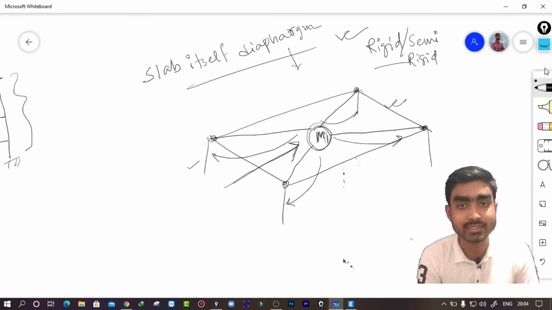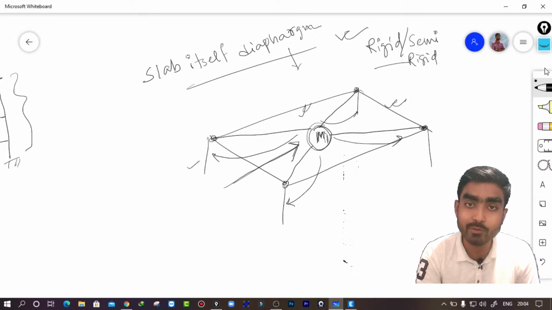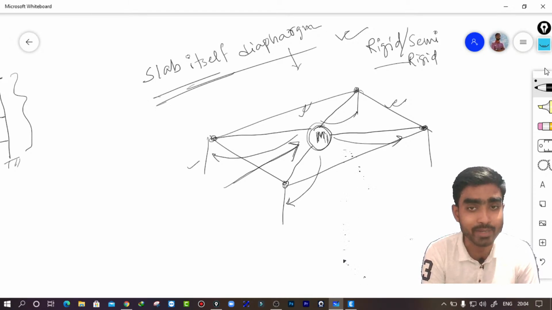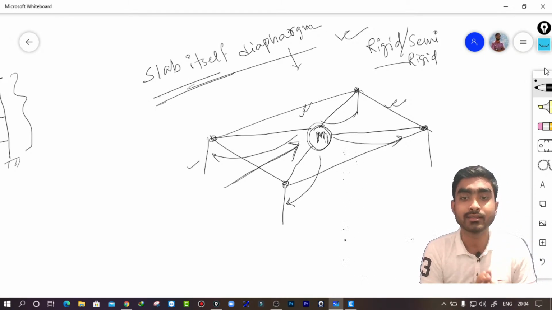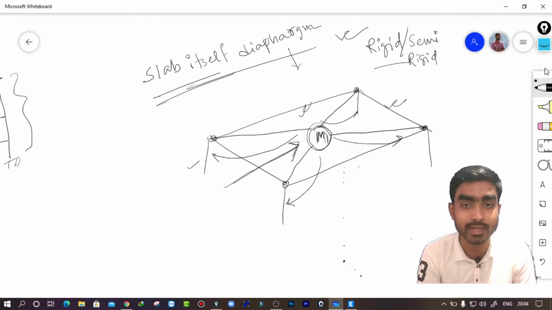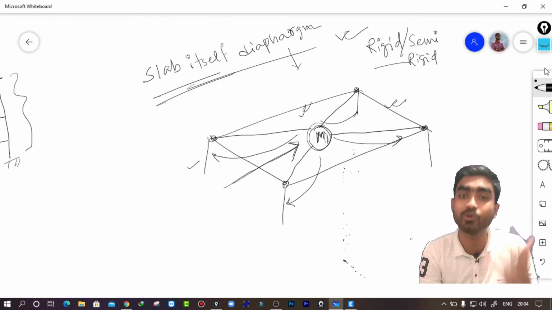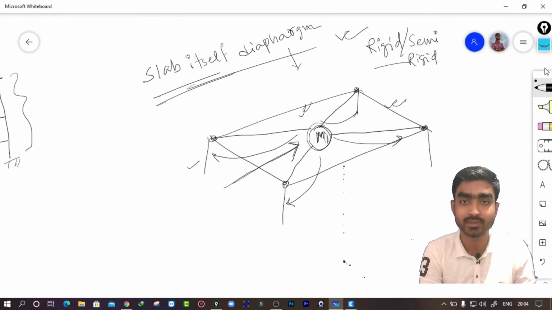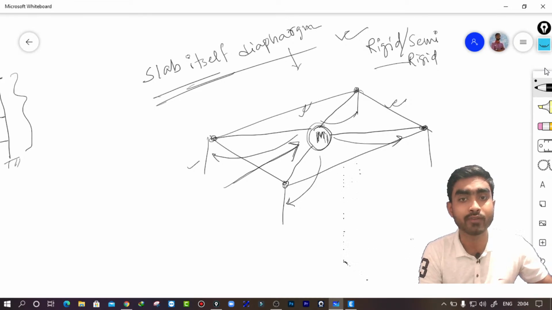This diaphragm will be considered as the slab itself. That means in the real building, the slab that you are constructing will act as a diaphragm. The slab will act as the transfer medium of the lateral force to the vertical members.